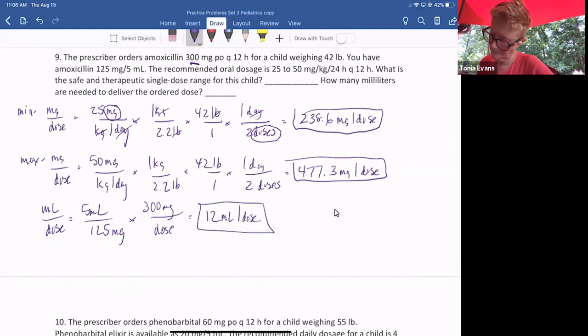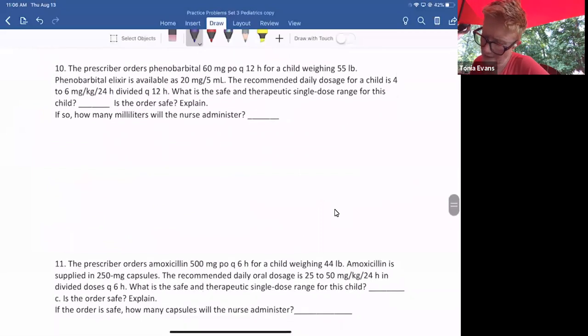Okay. Number 10. Phenobarb, 60 Q12. There's our elixir, daily dosage. What is the safe and therapeutic single dose range?